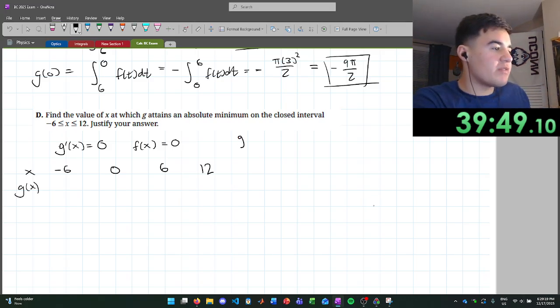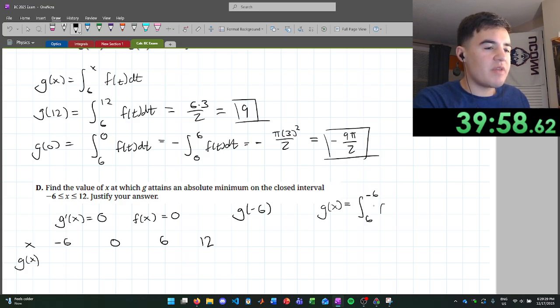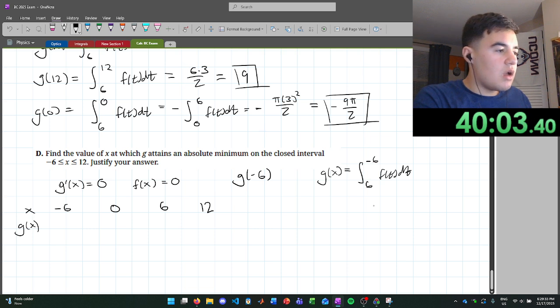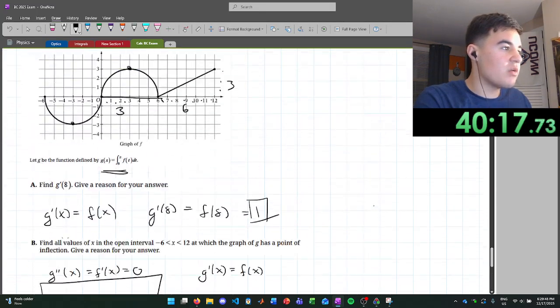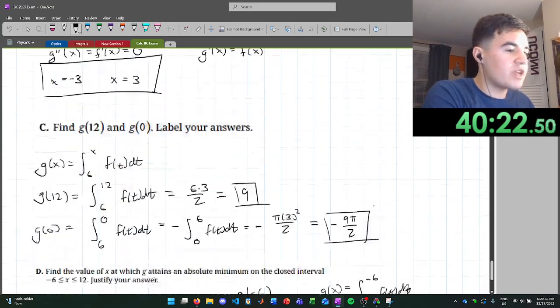So what is g of -6? This is going to be the integral from 6 to -6 of f of t dt. So we need to find negative the integral from -6 to 6 of f of t dt, which is going to equal negative the integral from -6 to 0, which is a negative area, a negative half circle of radius 3.